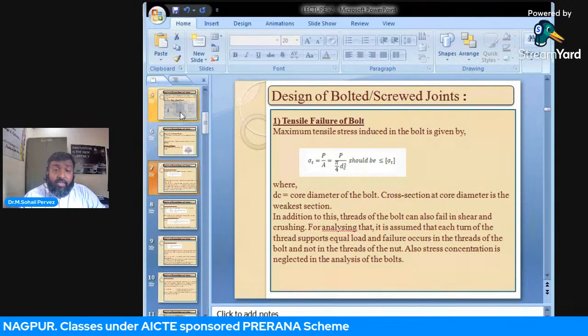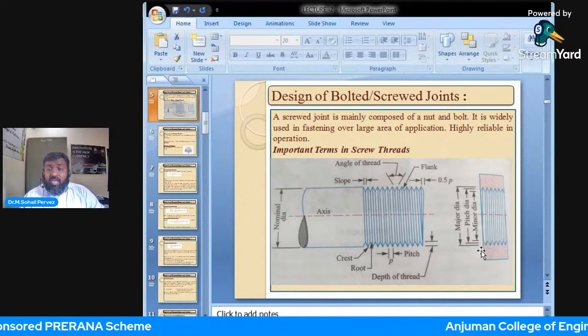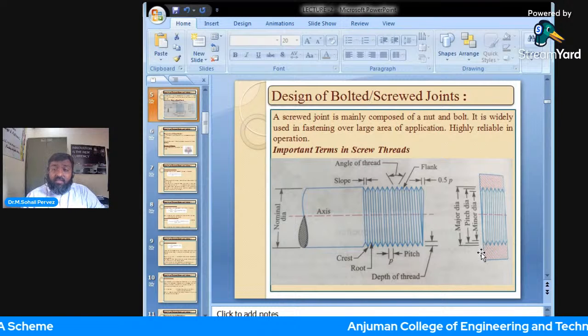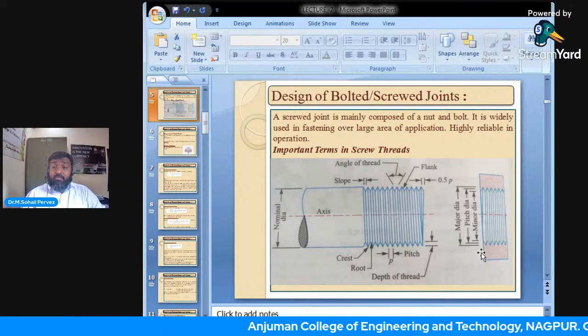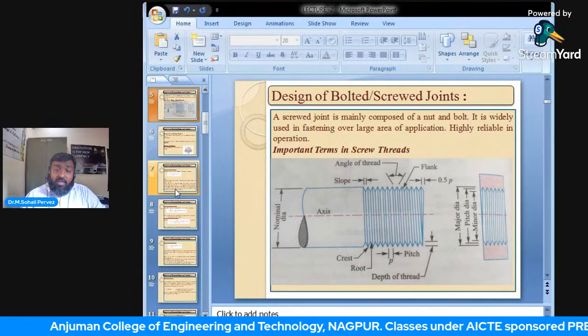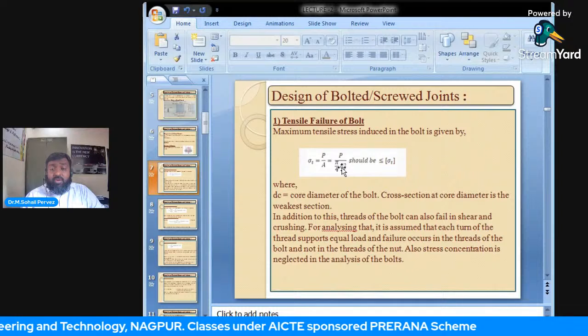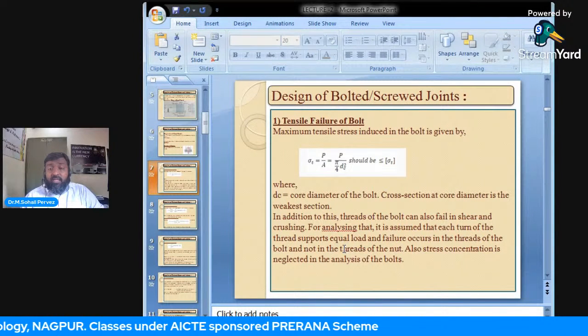Why am I repeating this? Because here we have got three types of diameter. Number one, major diameter. Number two, minor diameter. Number three, pitch diameter. Then why are we considering only dc, that is root diameter or core diameter or minimum diameter?